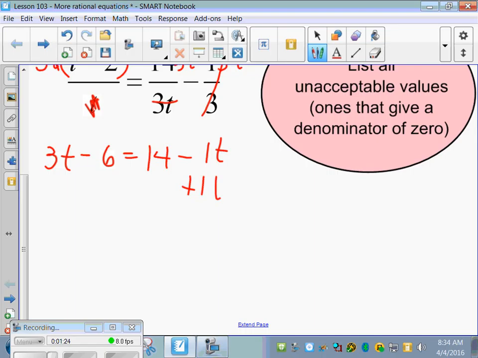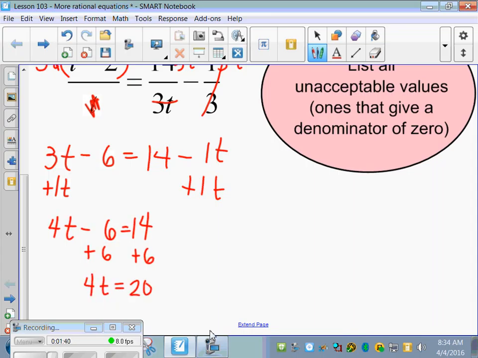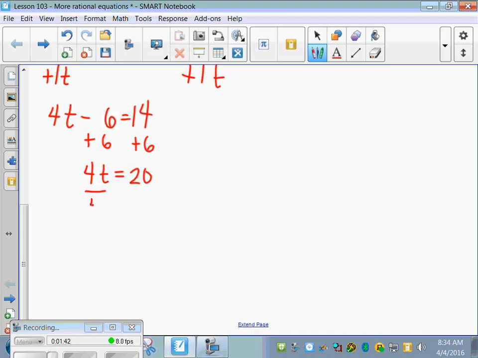So we're going to add 1t to both sides. So I have 4t minus 6 equals 14. And I'm going to add 6 to both sides. So we get 4t equals 20. And I'm going to divide by 4 on both sides. And then I get t equals 5.